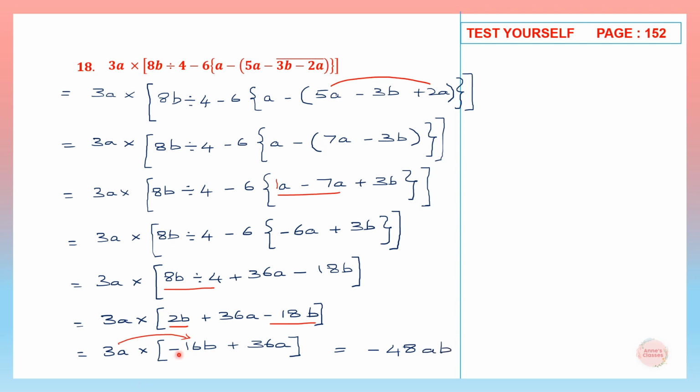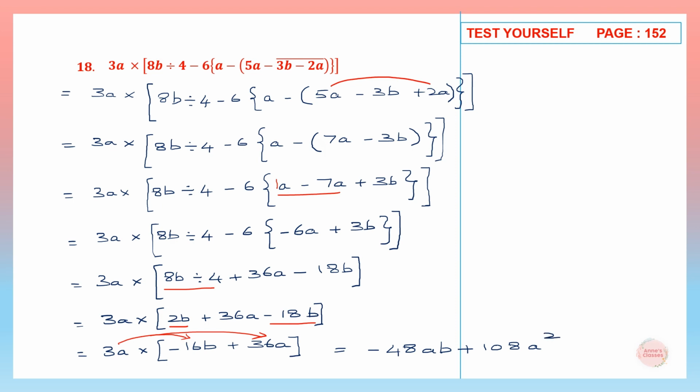Now we're going to multiply 3a into 36a. The sign is plus. Now multiply the numbers 3 into 36, which is 108. A into a is a square.